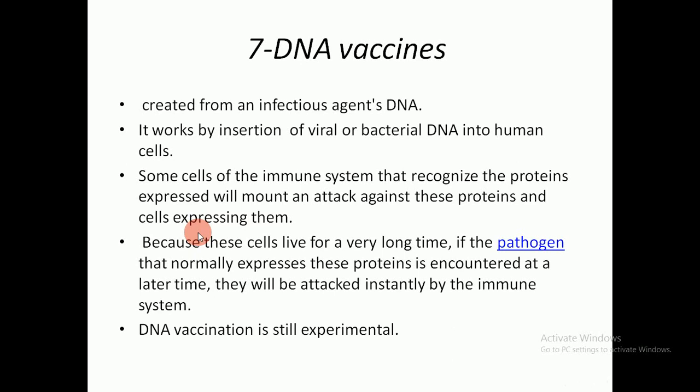Because these cells live for a very long time, if the pathogen that normally expresses these proteins is encountered at a later time, it will be attacked instantly by the immune system. And this type of DNA vaccination is still experimental.